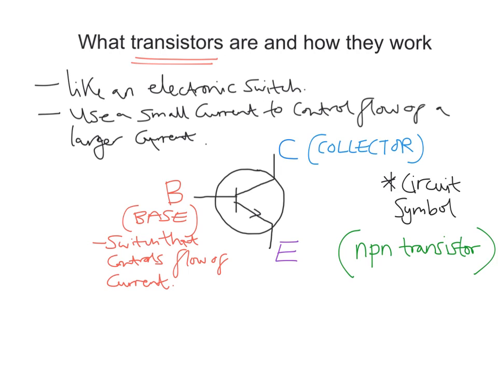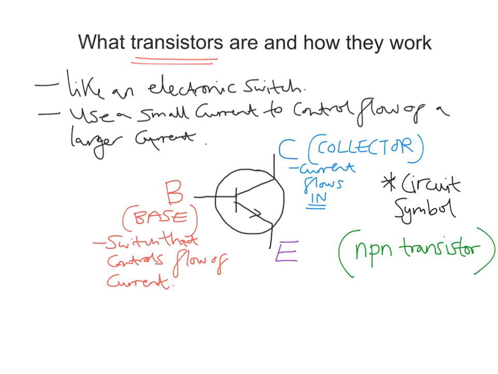Now current flows into the transistor through the collector. So we'll just make a note by just writing current flows in. That's the key thing. So the current flows in through the collector, and you might guess that current flows out of the transistor through the emitter.